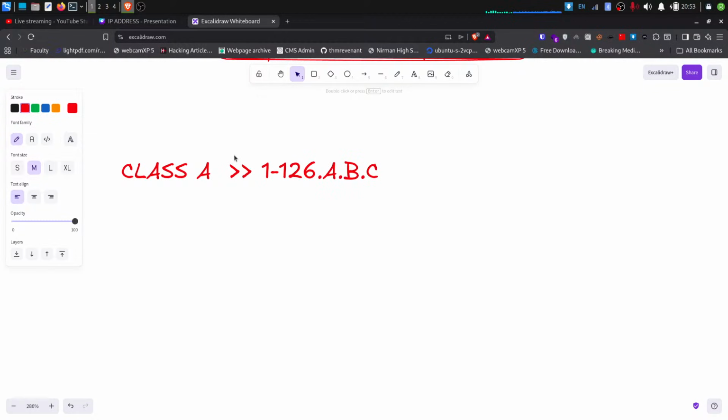Now, if we talk about the length here, the length would be 8, and how will it be divided? It will be divided as the first part being our network, and the remaining are host, host, and host.